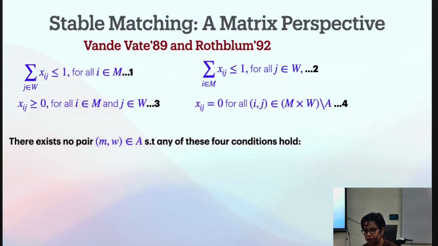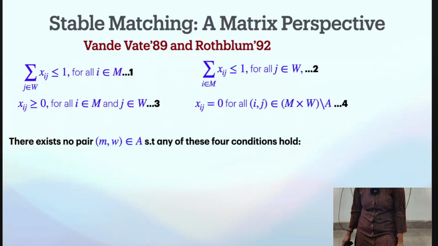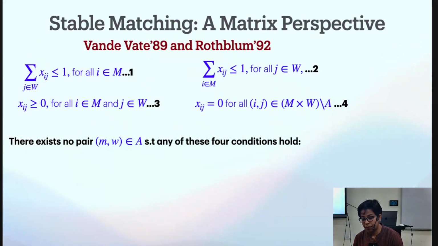That's a number between 0 and 1, and in fractional matching you want to assign some number between 0 and 1. That's true, but how will I capture the notion of blocking pairs? You will not create a situation where there exists a pair i and j who did not get matched, but they prefer each other more than all of the people that they are actually matched to.